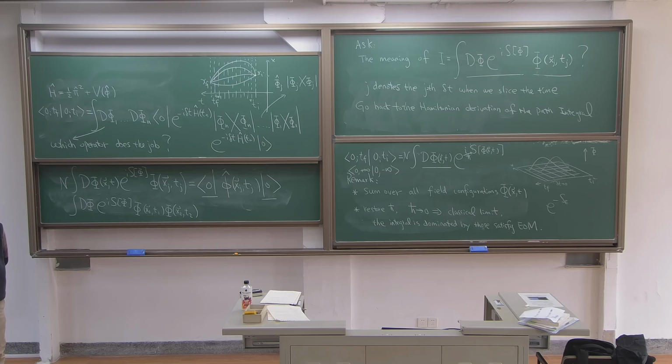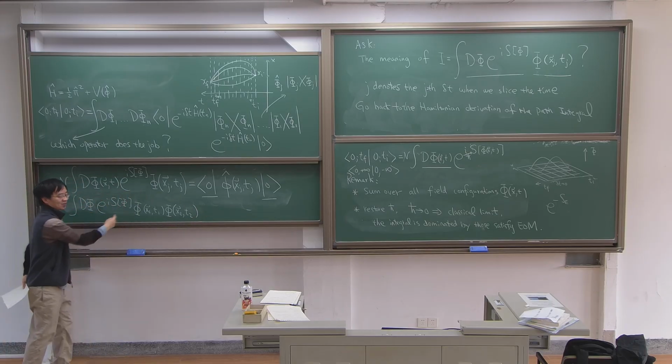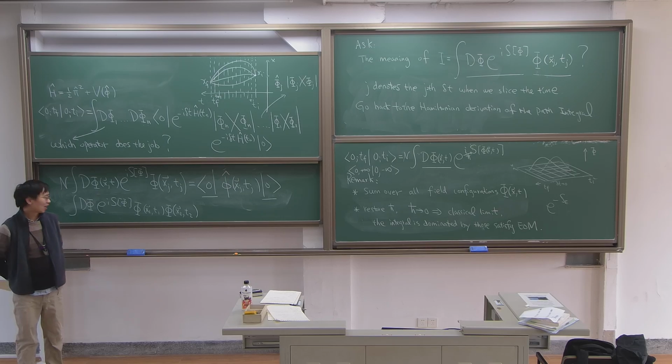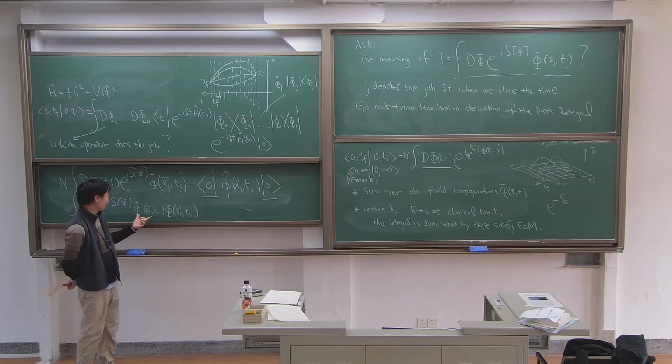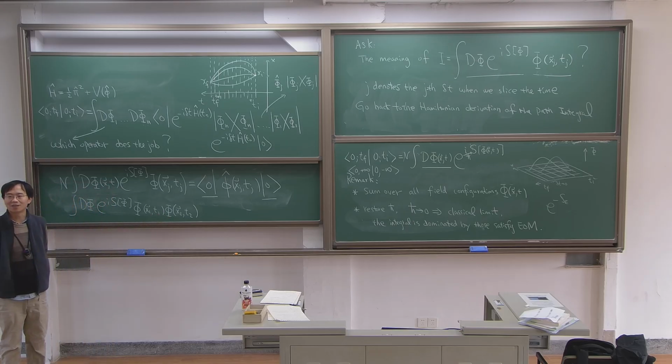How do you evaluate this path integral with these two insertions? It's not trivial, right?